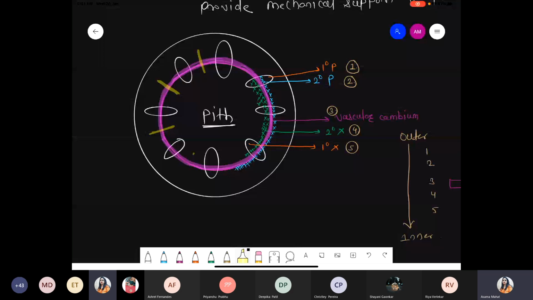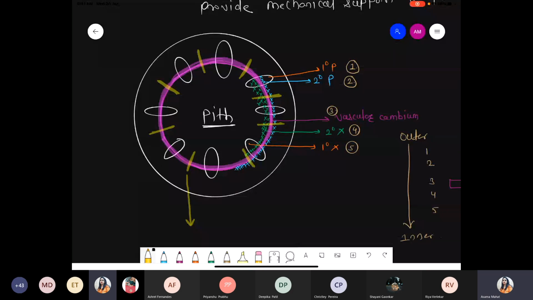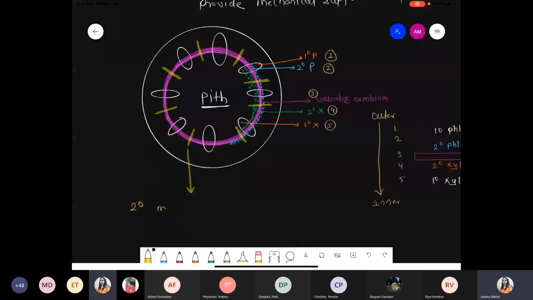There is a presence of some band, and this yellow color is simply the specific type of cells that is called the secondary medullary ray cells.